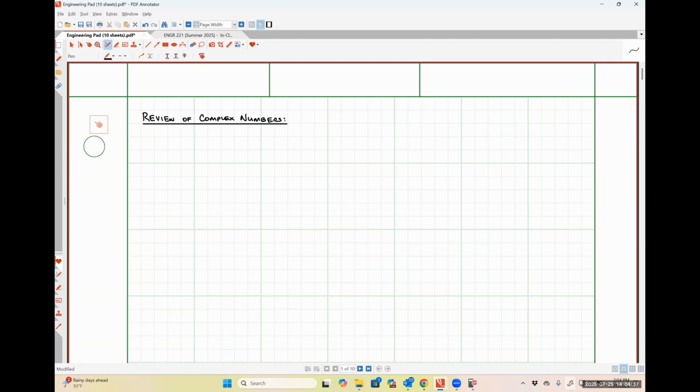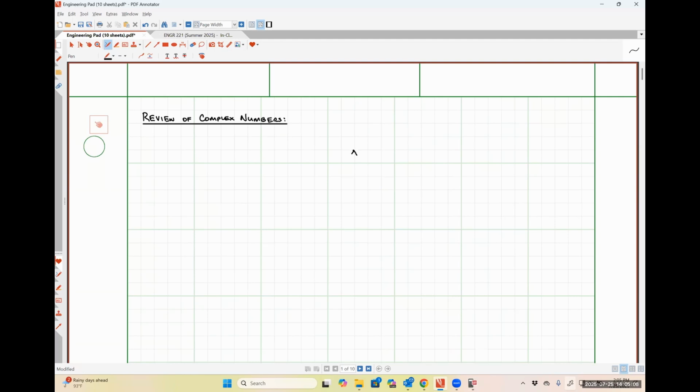Okay. So there are multiple different ways that we can represent complex numbers, and we are going to talk about all of them today, but we're going to largely focus on the two that are used most by engineers. So the first thing that I'm going to do is put a complex plane in the middle of the screen here.